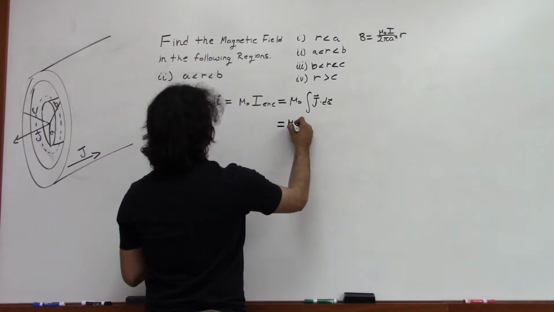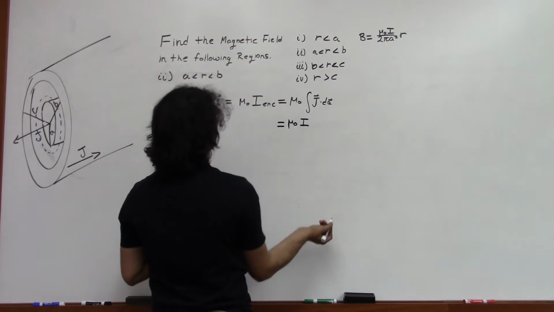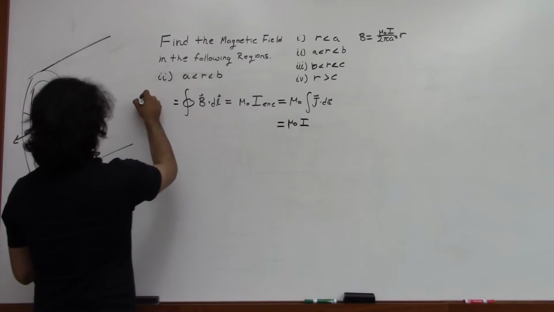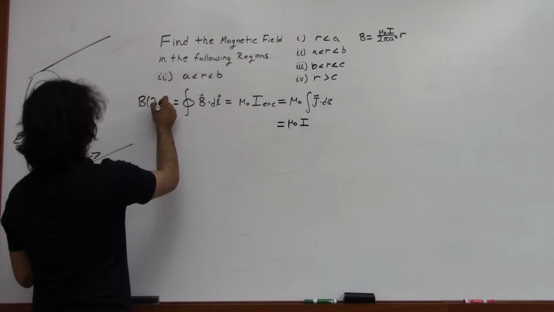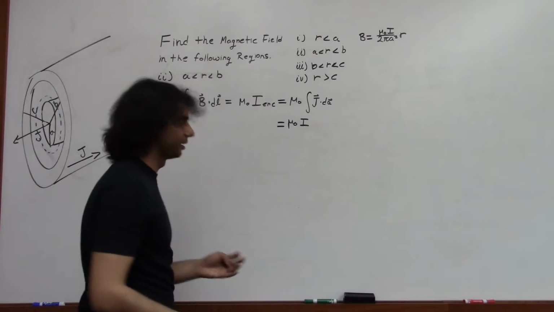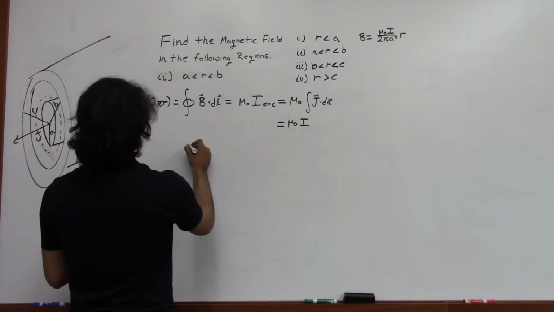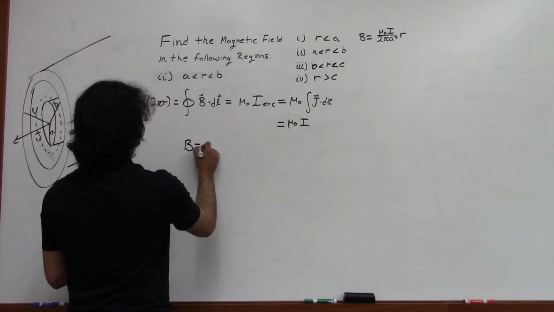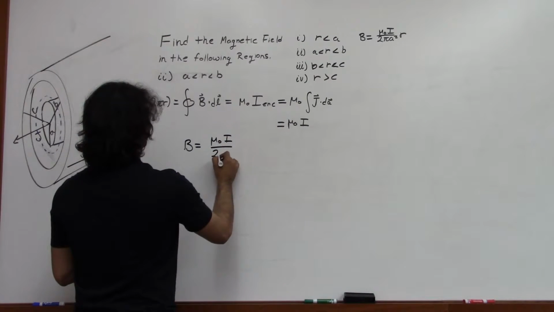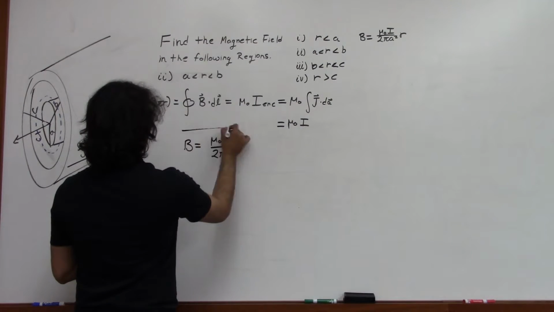So we will denote that as just mu naught I. That's nice, and this left side is going to be exactly the same, B 2 pi r, as was last time. So I can just rearrange, and I find my magnetic field is mu naught I over 2 pi r.